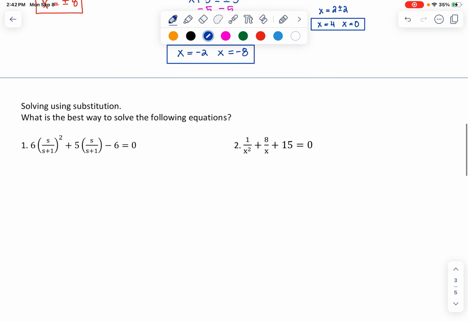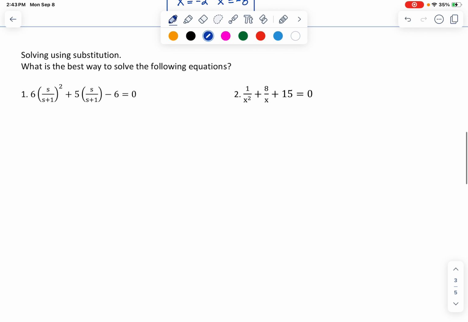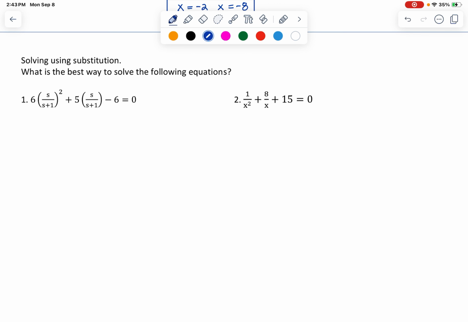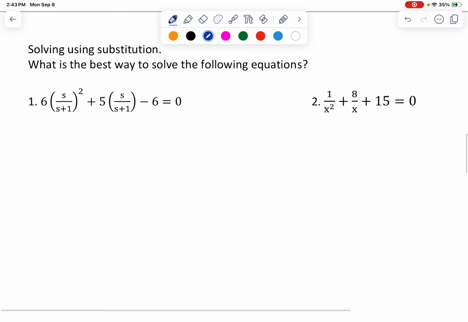And now we're going to look at solving by using what's called U-Substitution. So if you look at these two equations right here, my first thought is, ew. Let's talk about what I don't like. I look at number 1 and I'm like, s over s plus 1, a fraction. But at least both of these have that fraction, right?